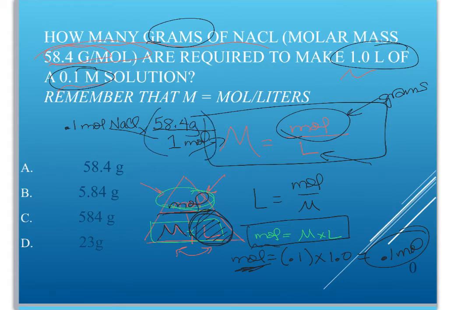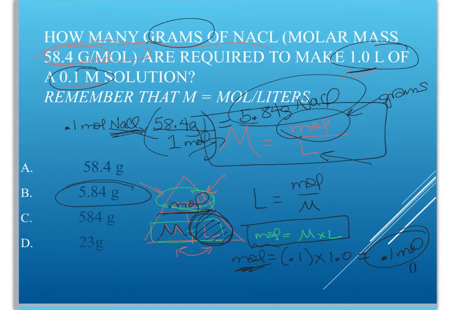So this conversion factor is the molar mass for sodium chloride. When we do that calculation, we get that we need 5.84 grams of sodium chloride to make 1 liter of a 0.1 molar solution of sodium chloride in water. So the correct answer is B.